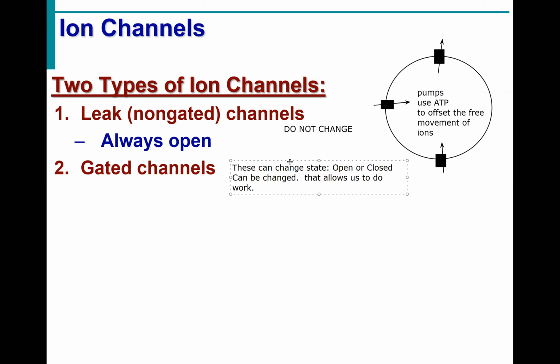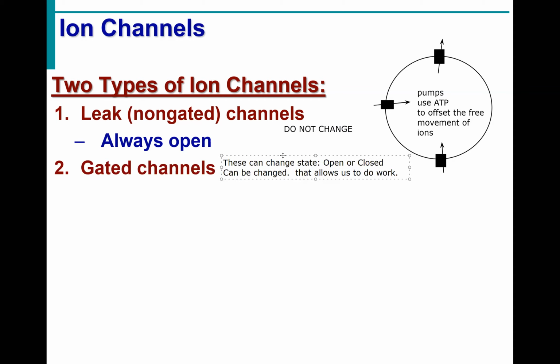We may not have thought of it in these terms, but you're totally aware of this, because this is exactly what we did at the neuromuscular junction. In the synaptic bulb, we opened voltage-gated calcium channels. Calcium came in, and that calcium coming in allowed the synaptic bulb to do work. It was able to release acetylcholine. That acetylcholine, a chemical, then bound to a chemically gated channel.